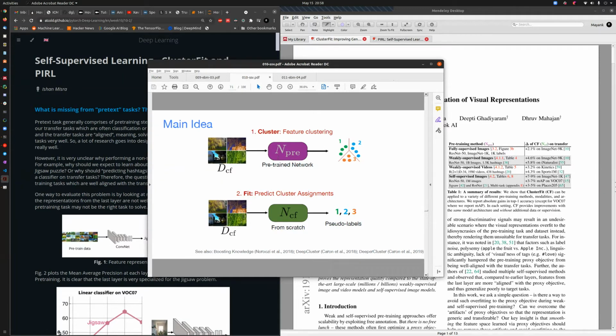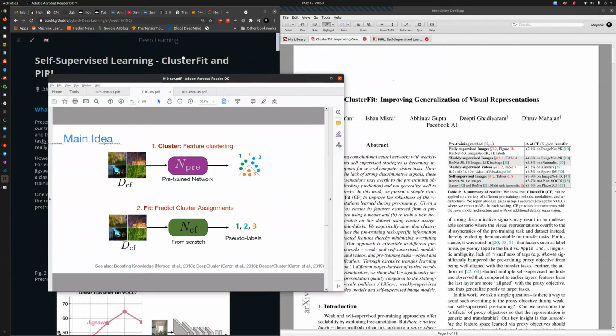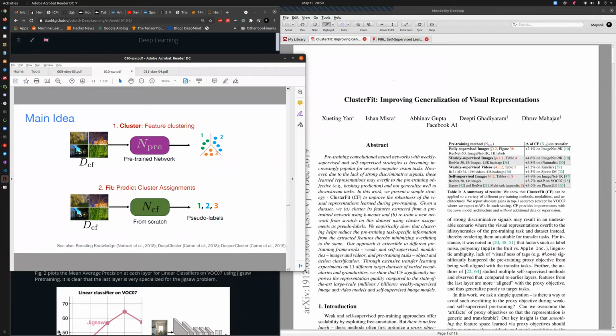Given a label, how do we represent those images, like in k-means with the clusters, and fit to predict the cluster assignments there. So these are the two ways in which we do it, NPRE and NCF.